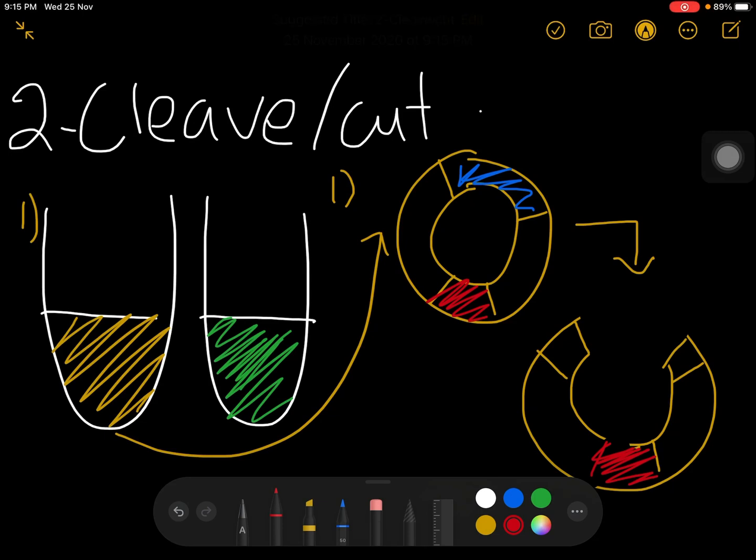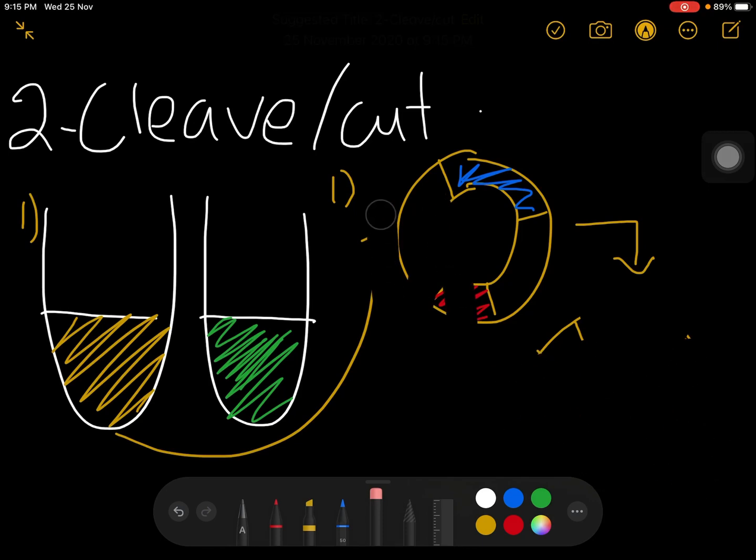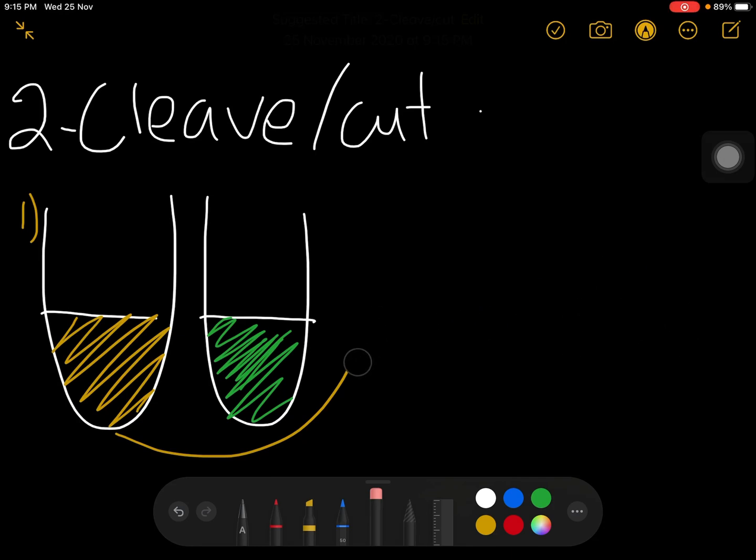This plasmid is cut using the same restriction enzyme. For example, if you use restriction enzyme EcoR1 to cut open the plasmid, we will also use EcoR1 to cut the target gene into multiple fragments. So we go through number 2, the DNA, the green one.